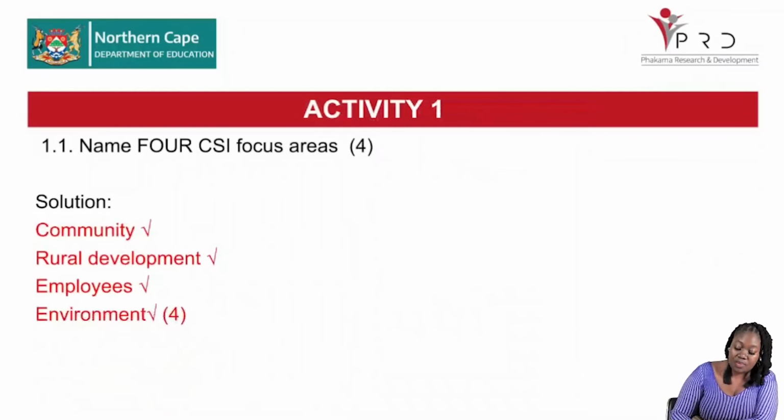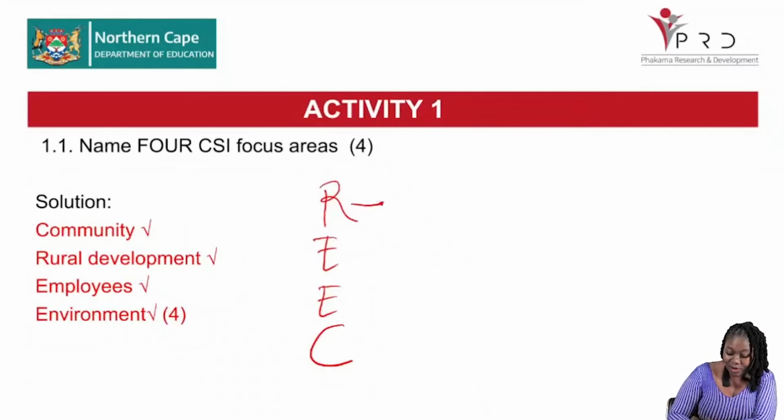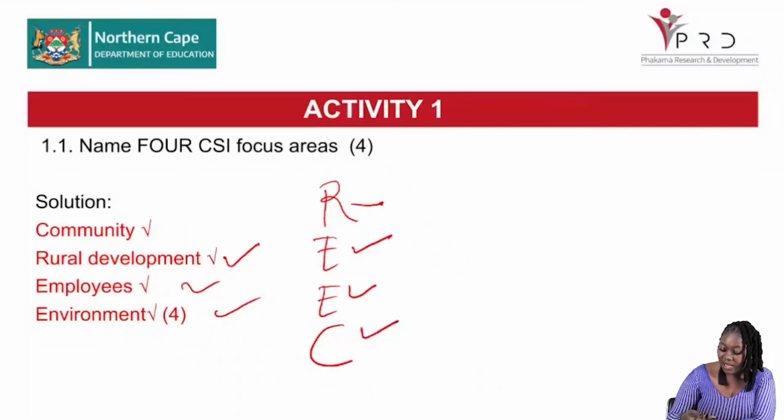So if you want to remember this when you are studying, you can always make a nice acronym and say, you know, that your CSI focus areas are RIS. So this will be your rural development, this will be your employees, this will be your environment, and then the last one will be your community. So that's how you remember the focus areas of CSI.